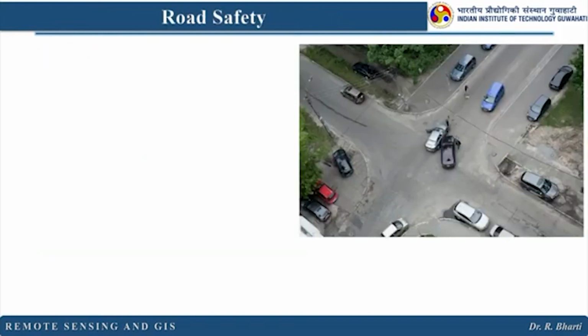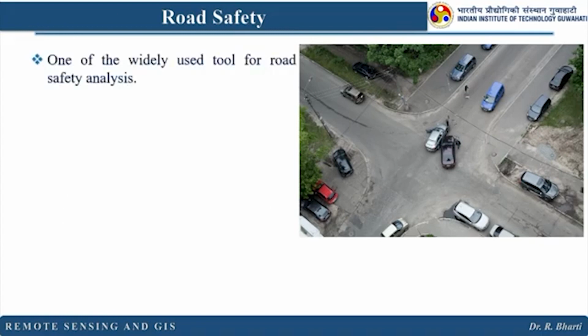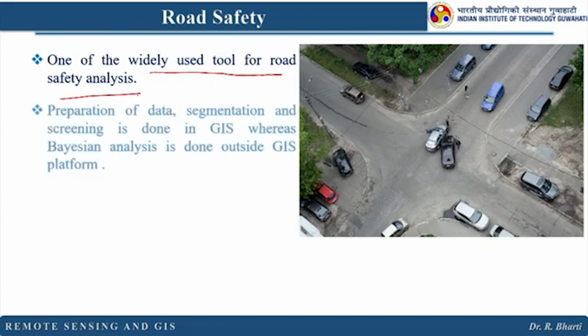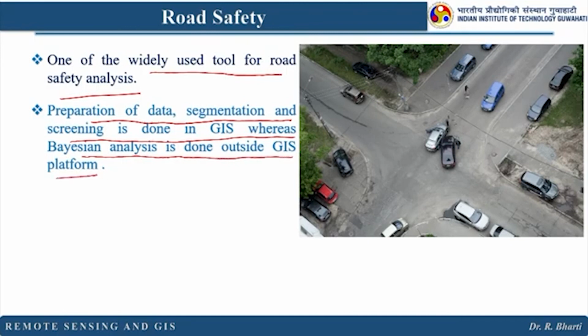Road safety is another very important dimension of transportation engineering, where the GIS is frequently used. So one of the widely used tools for road safety analysis is GIS. Preparation of data, segmentation and screening is done in GIS, whereas Bayesian analysis is done outside the GIS platform.